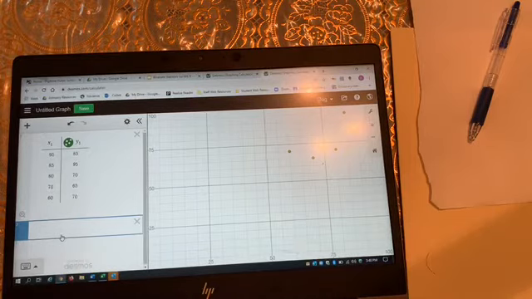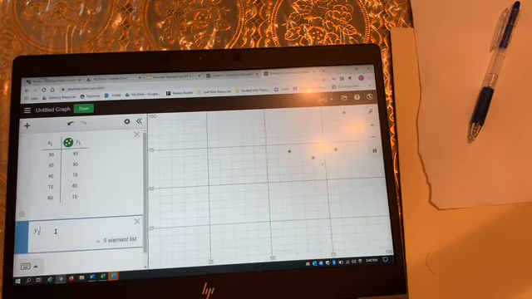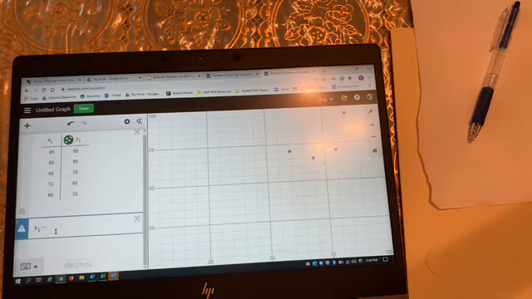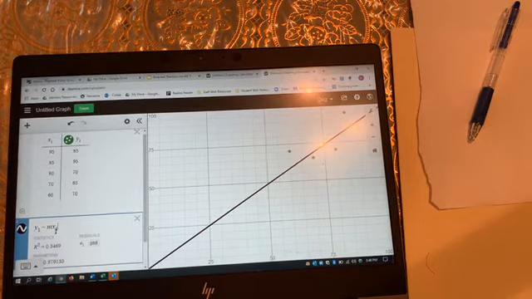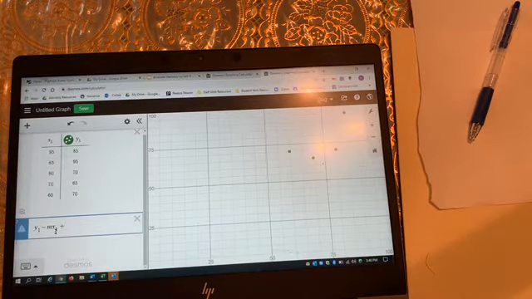Anyway, once we have that scatter plot, we need to put y1, and then that wave type symbol, the tilde, which is on top of the tab key on our keyboard, and then m x1 plus b. Look, the line is being drawn now for us.